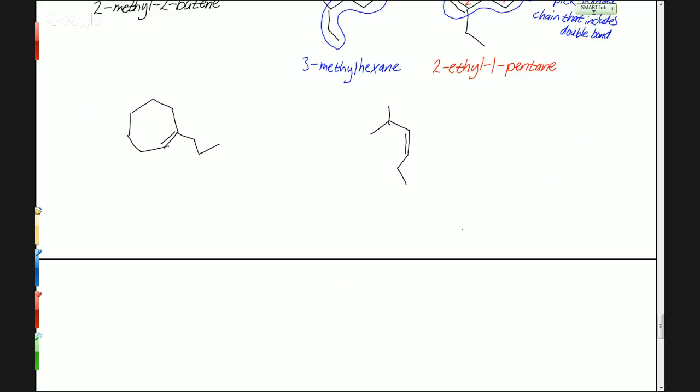All right, here are two nice alkenes for you to try to name. Let's see what you can do with those. When you think you have a name, turn to the person next to you or near you and see how your names match up.